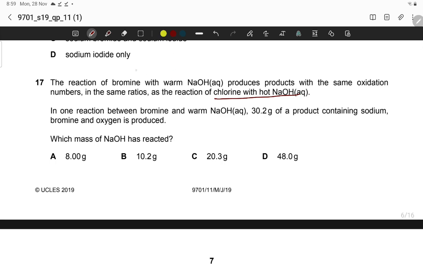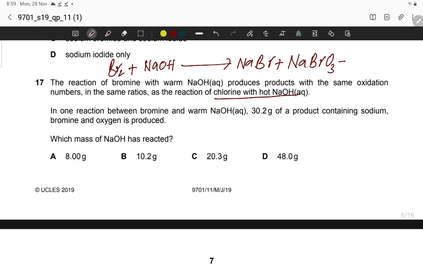So this is the equation: bromine reacts with hot sodium hydroxide to form sodium bromide, NaBr, NaBrO3 plus water.